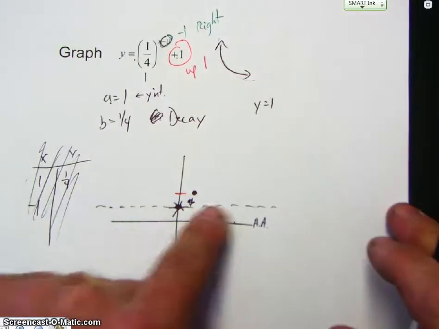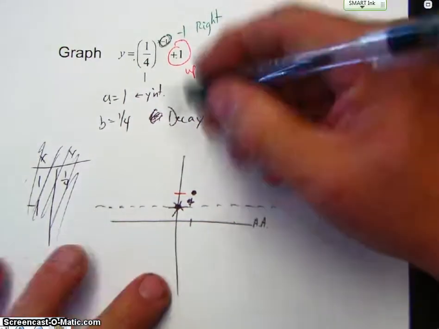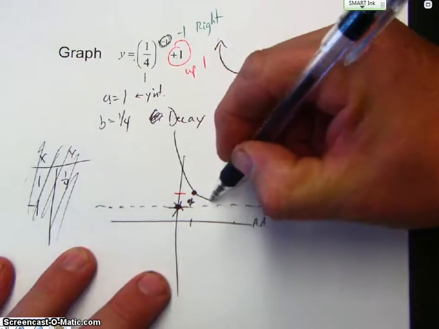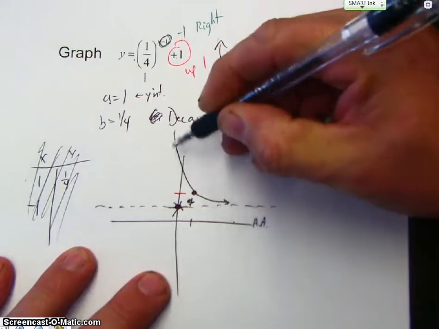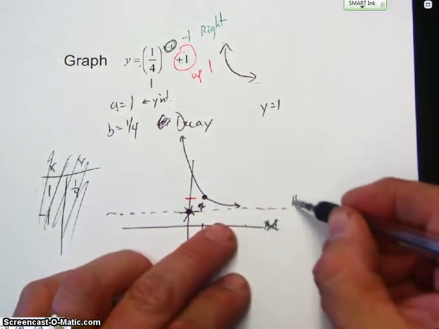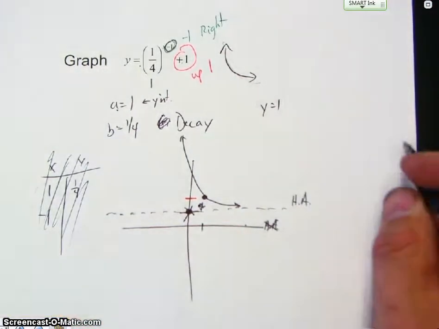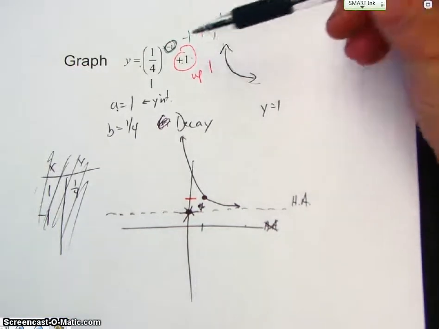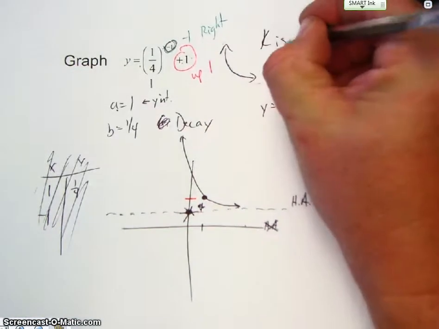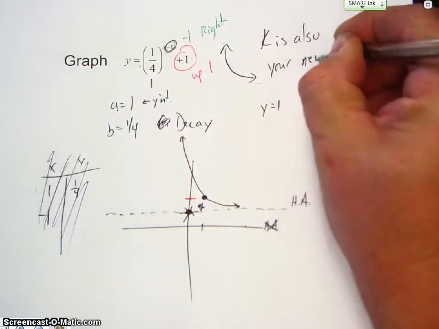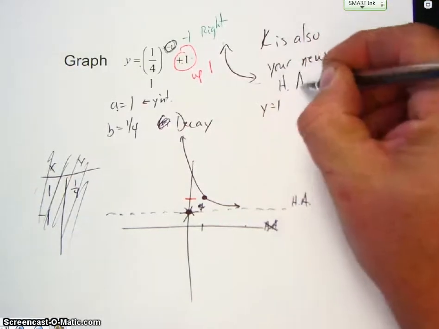When I sketch my curve, which is decay, I don't touch or cross that line because that's my new horizontal asymptote. So we have to remember, whatever your K is, K is also your new horizontal asymptote.